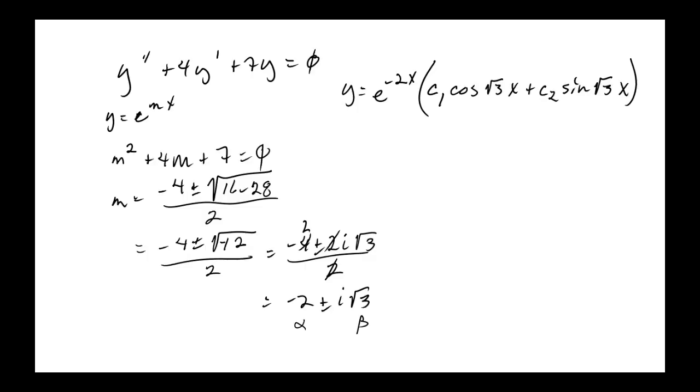The beta is the imaginary part and the alpha is the real part. That should be what they have here: e to the minus 2x times C1 cosine root 3x plus C2 sine root 3x.